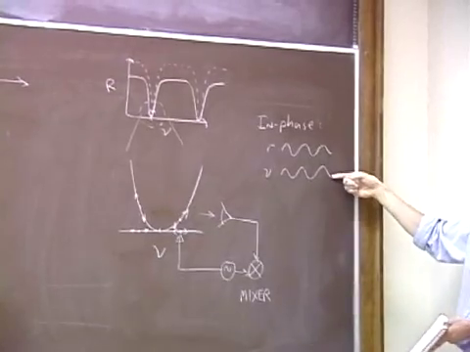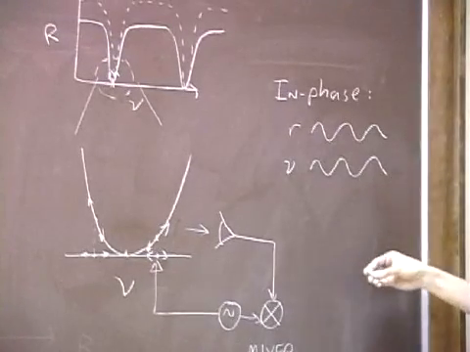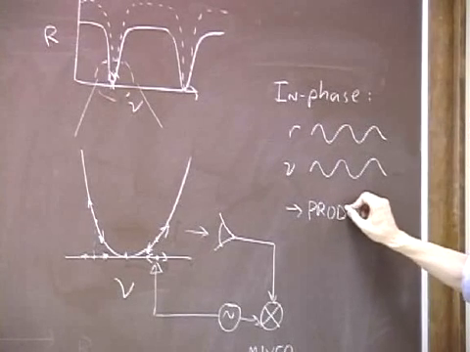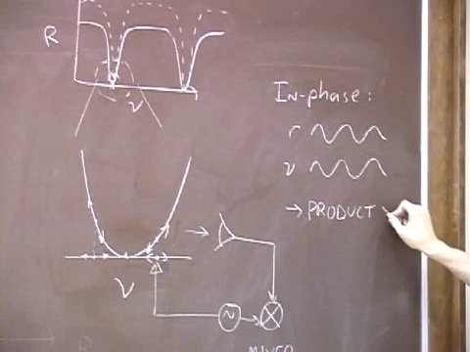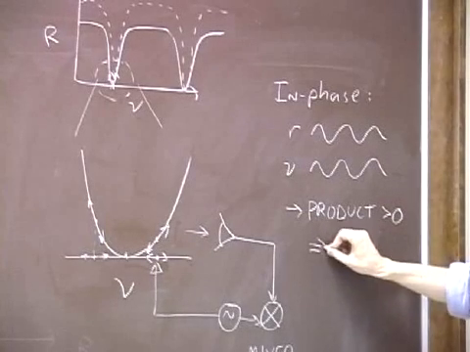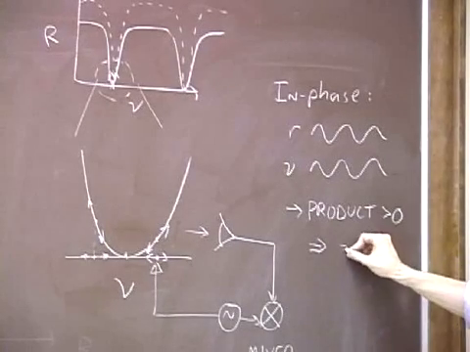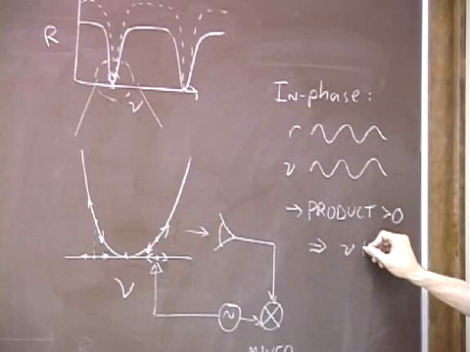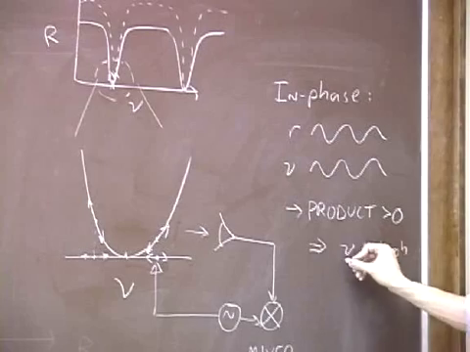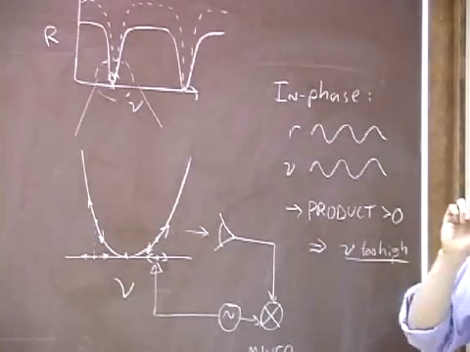The product of these two sine waves is positive. It's greater than 0. And that tells us that the frequency is too high. And that should tell the control system to push the frequency down.